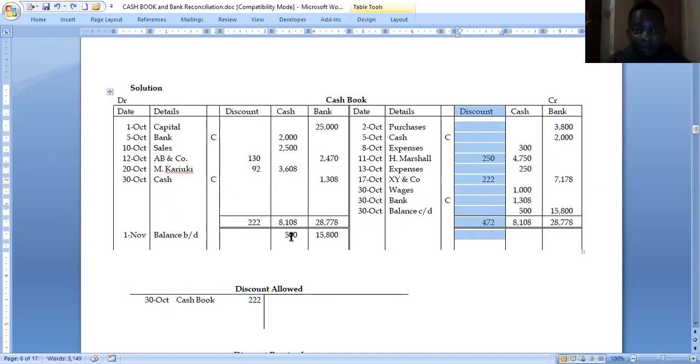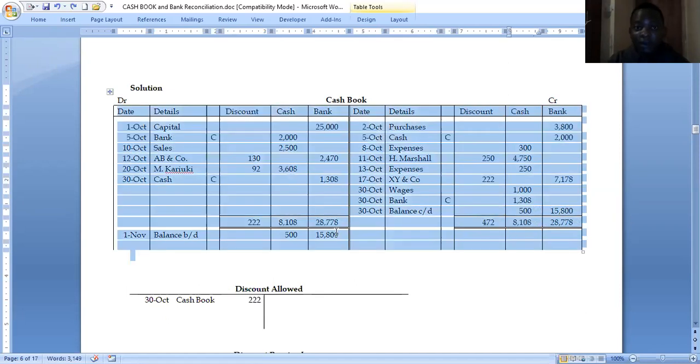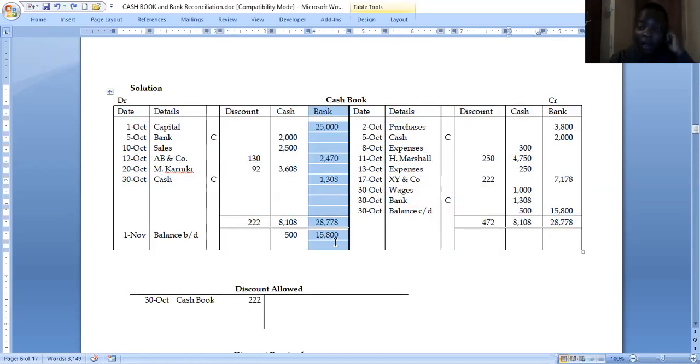The cash column on the left side and the cash column on the right side are part of the cash account, the same account. For the bank, the column on the debit side and the bank column on the credit side are part of the same account, the bank account.